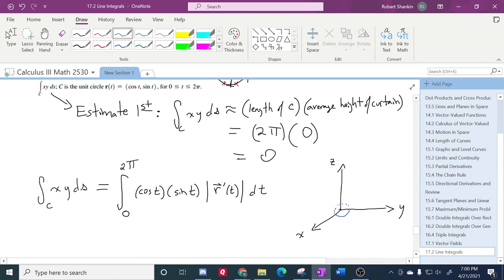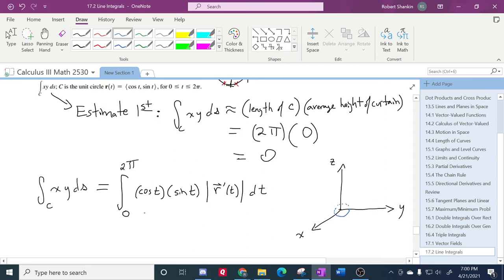This is just t ranging from t equals 0 to t equals 2 pi. But as t ranges from 0 to 2 pi, it's built in already that that's the equivalent of moving around in this circle.